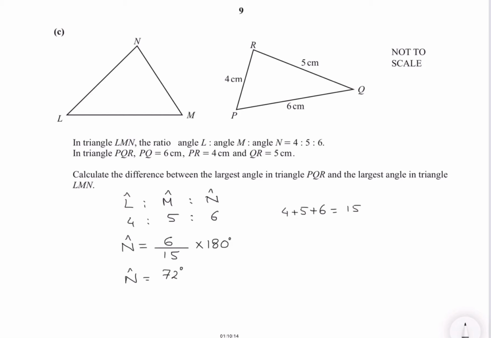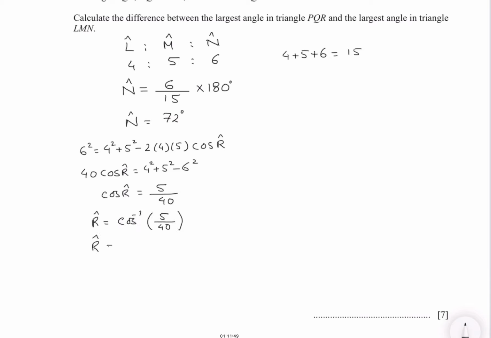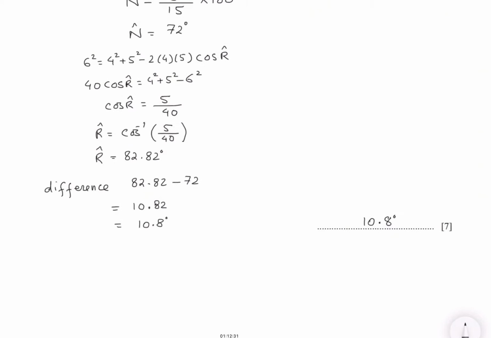So let's do it. 6 square equals 4 square plus 5 square minus 2 into 4 into 5 into cos of R. So now simplify it. So R equals 82.82. Now the difference is 82.82 minus 72, which is 10.8. So this is the answer.